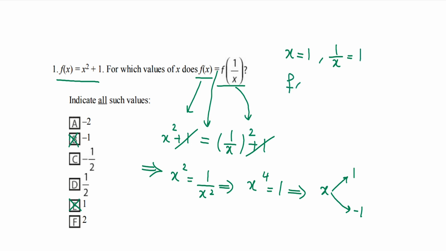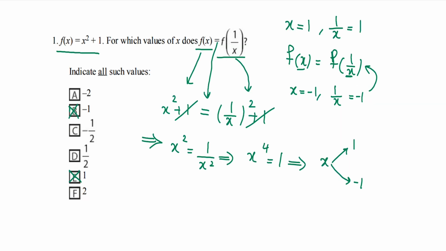So f of x is equal to f of 1 over x because x is 1 over x. And if x is negative 1, 1 over x is negative 1. So again, f of x is equal to f of 1 over x.